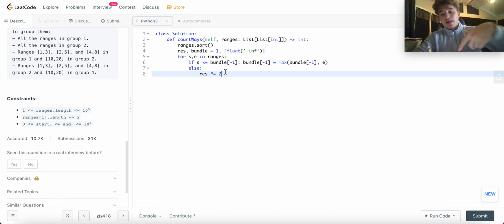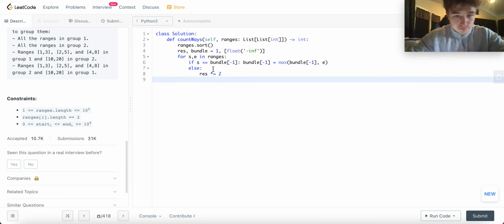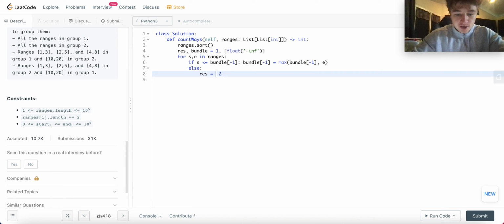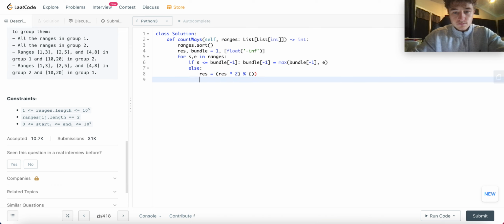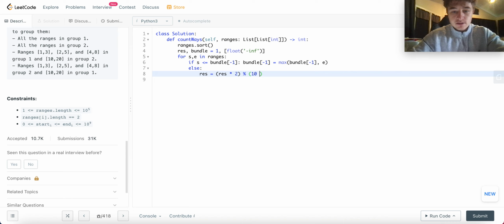So if I just keep multiplying by 2 every time I encounter a new bundle, that'll have the same effect. Don't forget, though, almost forgot, we're going to mod it by 10 to the 9 plus 7.